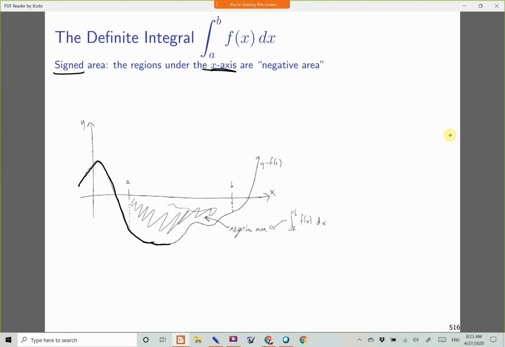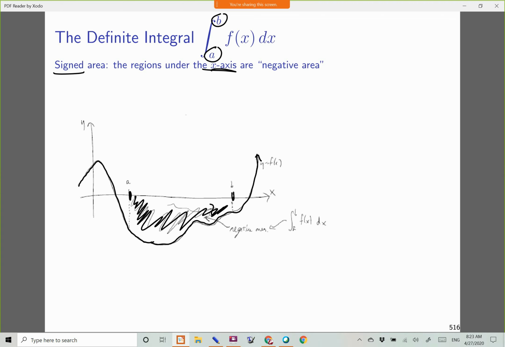Okay, for this function, for the two x values, which are called a and b, as I've picked in the picture, the region that is between the x-axis and the graph of this function, the shaded part in this case happens to be below the x-axis. It's just due to how this function looks.